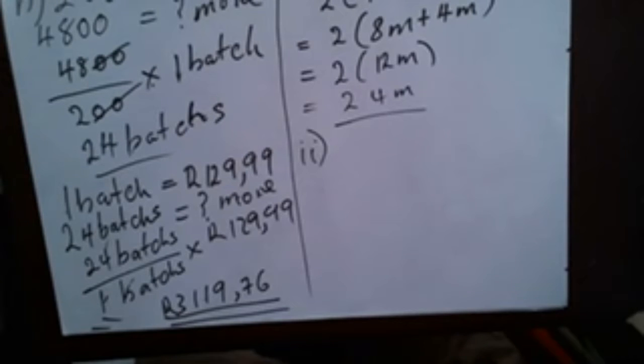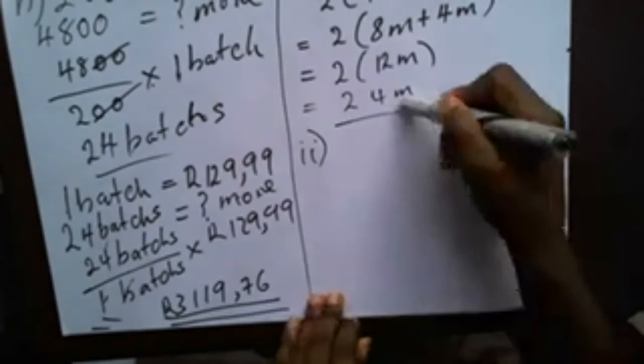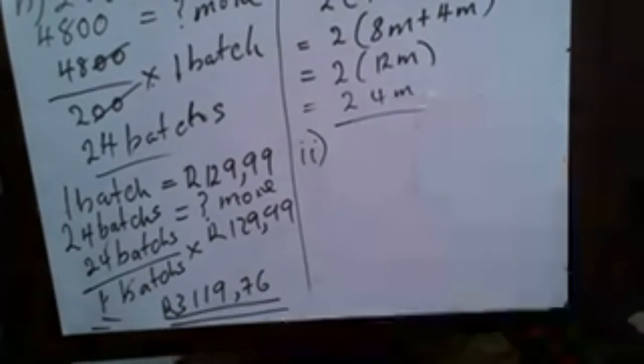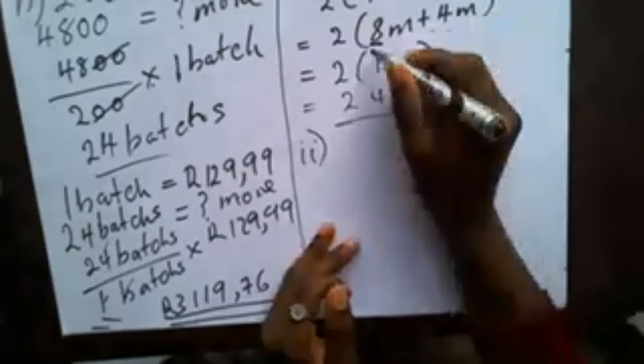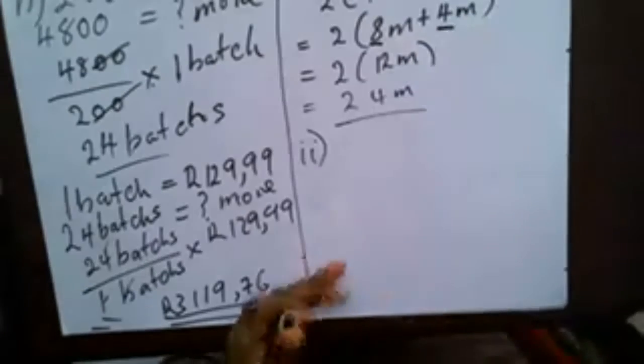So we already have this perimeter. How are we going to take into account the 1 meter we talked about here? This is what we do, guys. As you can see, the length before introducing the 1 meter was 8 meters, and we also used 4 meters.